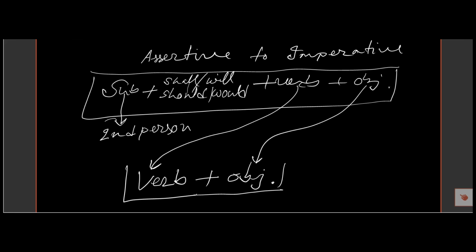And if the subject is in the second person, we must begin with the verb, removing all the words before the verb. So the subject and the modal will not be used. The imperative begins with the verb and the rest of the sentence, object or others. Now let's see an example.